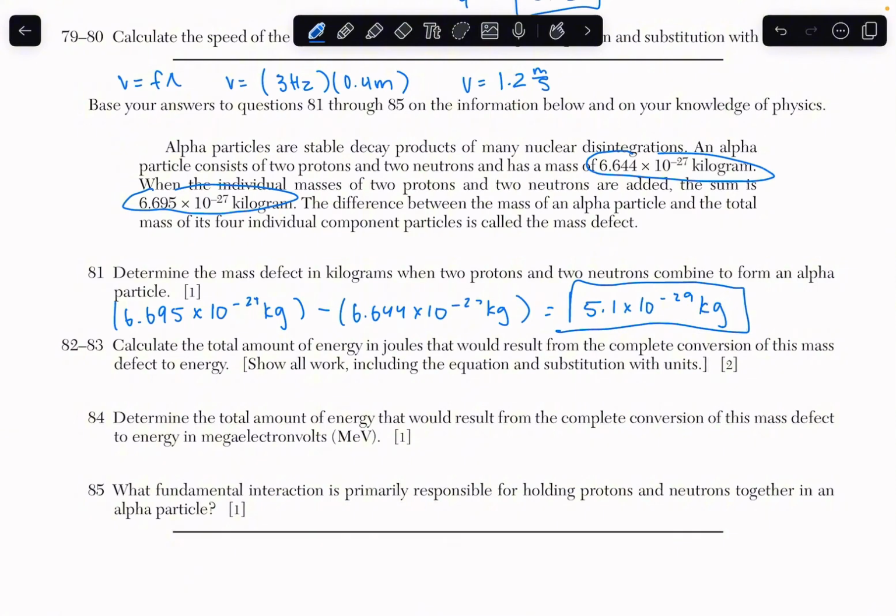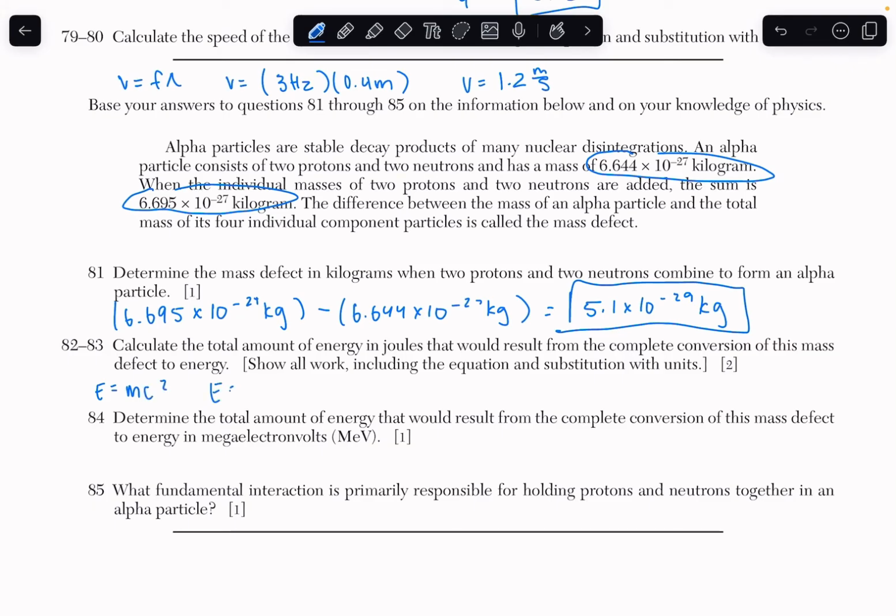Question 82 to 83: Calculate the total amount of energy in joules that would result in the complete conversion of this mass defect to energy. In order to find the energy of the mass defect, we just have to use one of our energy equations. And the equation with all the necessary components, if you look on the reference table, is E equals mc squared. So we just plug it in.